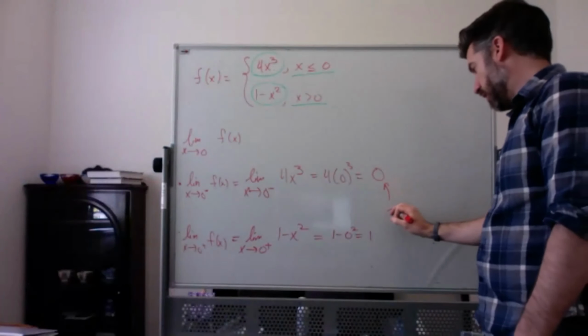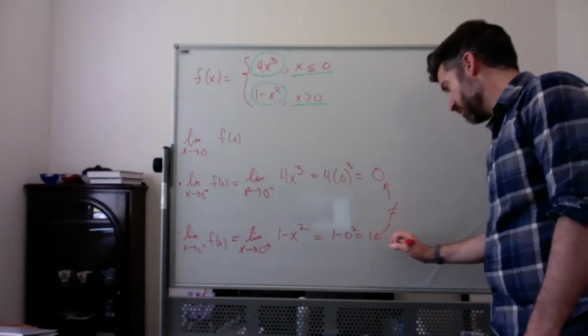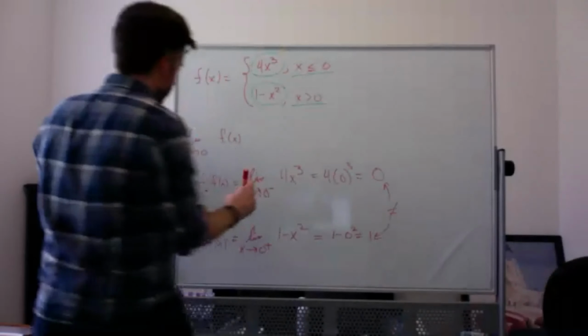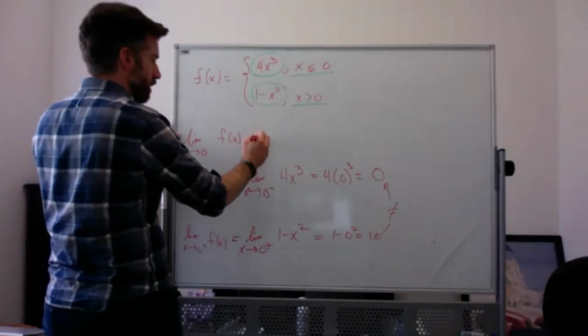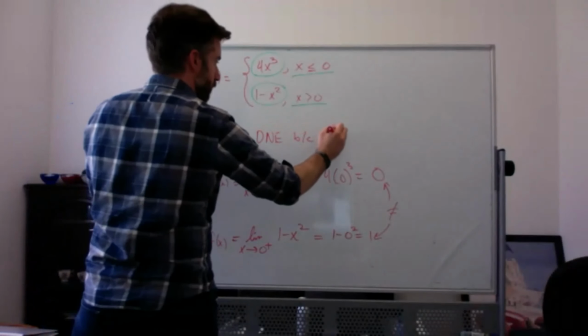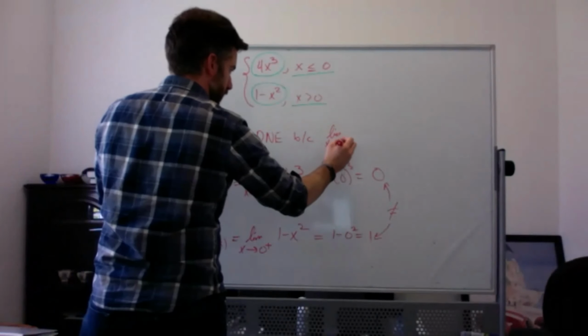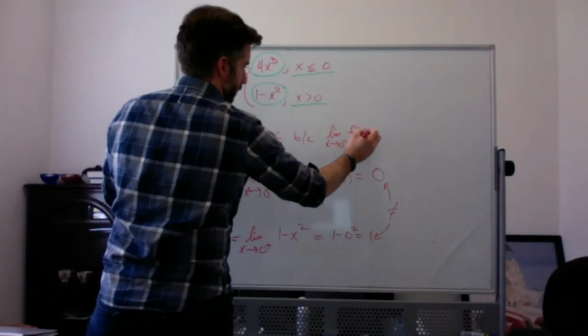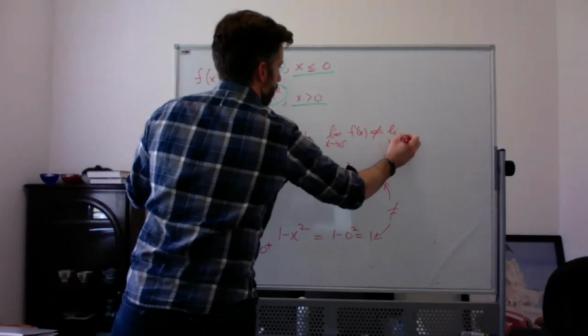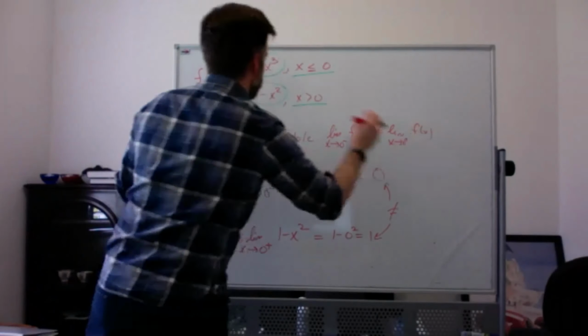These are definitely not equal to each other. That means the overall limit doesn't exist. So the limit as x goes to 0 of f of x does not exist because the limit as x approaches 0 from the left of f of x does not equal the limit as x approaches 0 from the right of f of x.